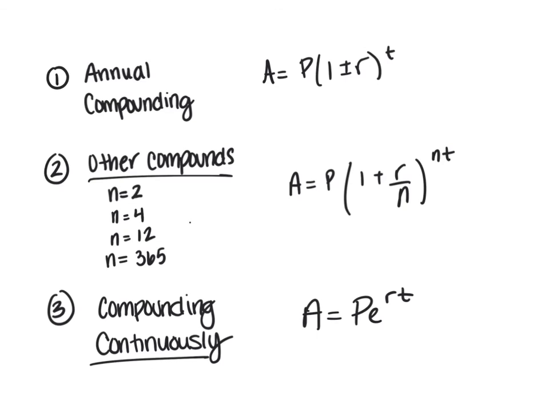Best way to remember that one would be PERT. A equals PE to the RT. So these are the three formulas that we're going to use and focus our attention on tomorrow. Under the annual compounding, you could also write also for depreciation. Any types of annual depreciation would work there as well.